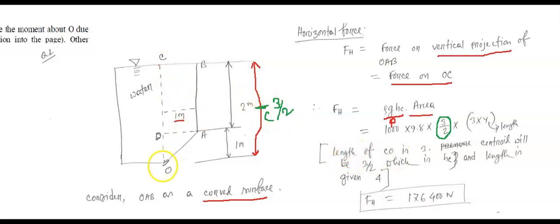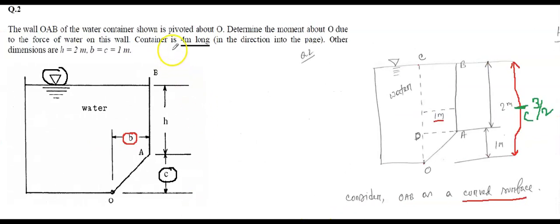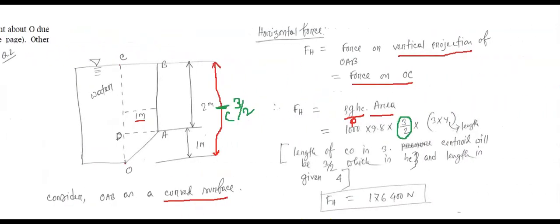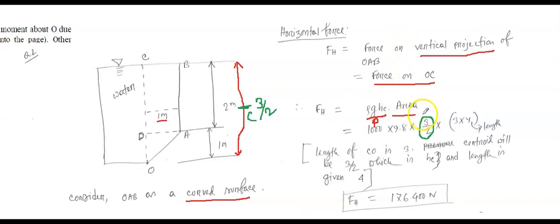The length of CO is 3 meters, so it is half of that. The container is 4 meters long, so when we calculate the area, the length is 4 and this is the width, so we multiply 3 by 4. I believe now you're clear how we got the height from the centroid.